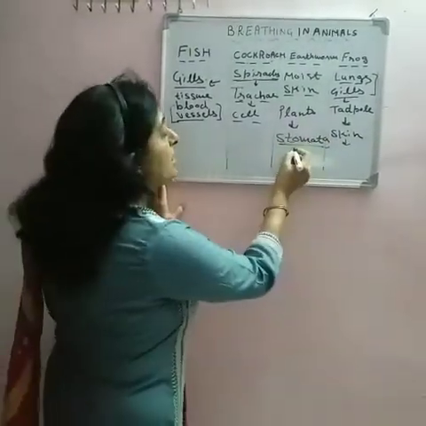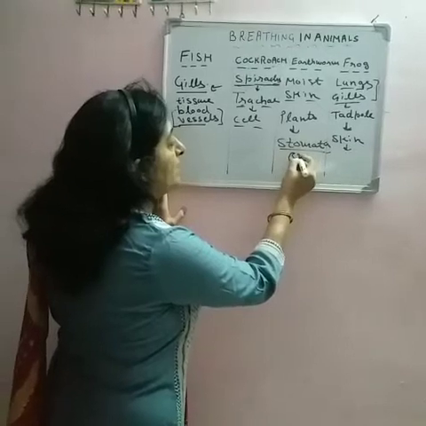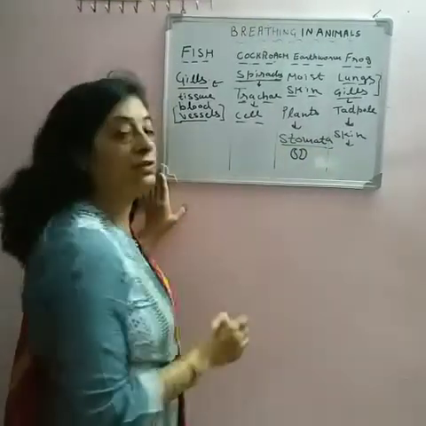Stomata are tiny pores on the lower surface of the leaves.